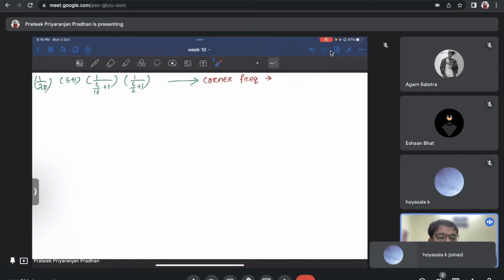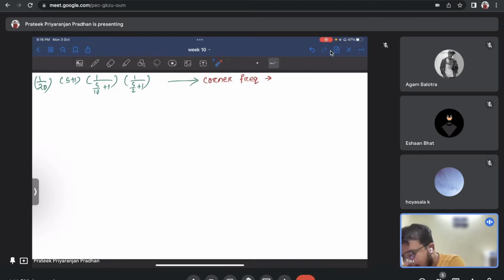Now I am giving you the shortcut. Any question that comes, you factorize it like this, and when s divided by something plus 1 is there, then whatever is in the denominator will be the corner frequency. So who can say what the corner frequencies are? It will be s divided by 1 here, so it will be 1, 10 and 2.